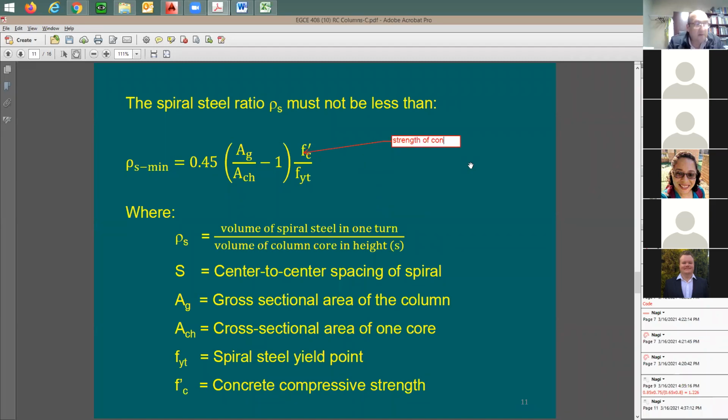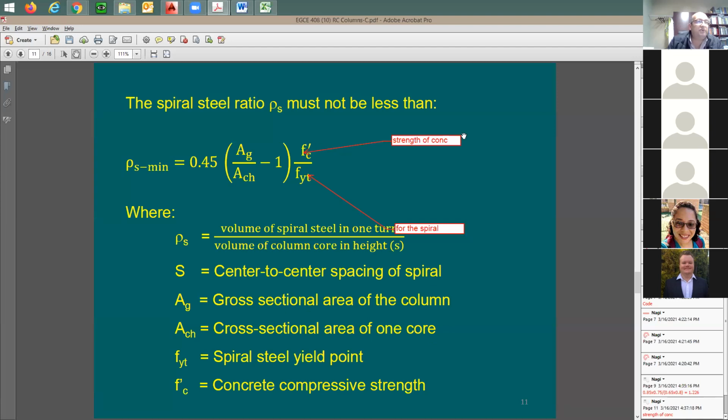Strength of concrete. What is FYT? It's going to be F sub Y for the spiral itself. AG, total cross-section area of the column. How about ACH? It's going to be the cross-section area of the core.